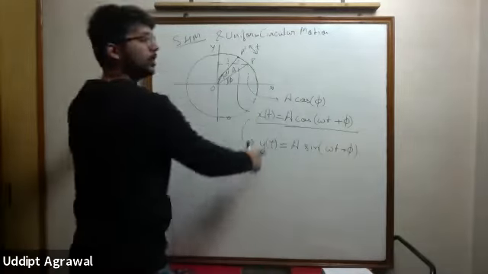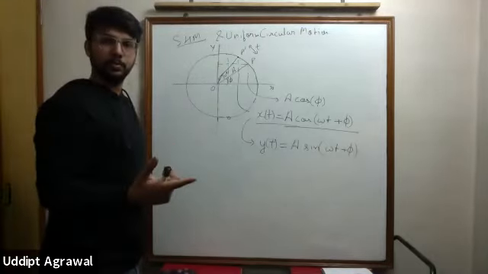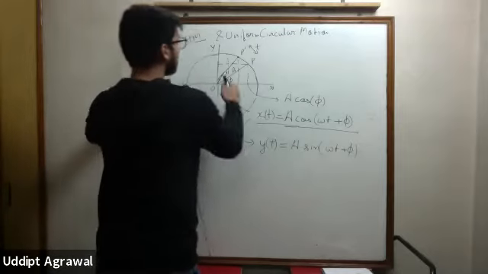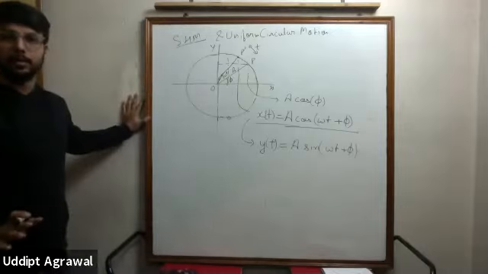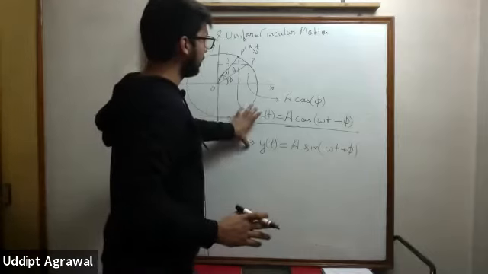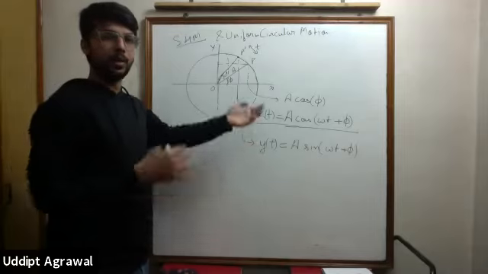And they are not the same. There is a phase difference of pi by 2, which is essentially the angle between the two axes. The sinusoidal wave would be similar, but with a phase difference.